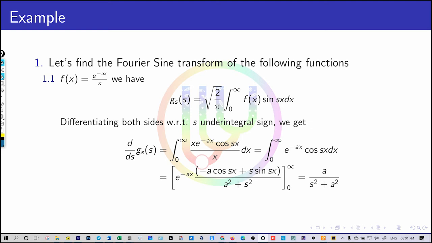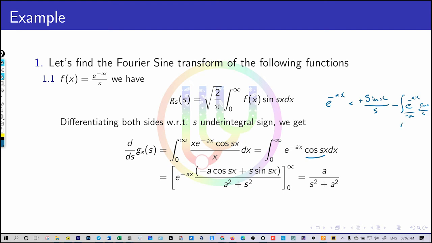Integrating by parts: first function is e raised to minus ax into the integral of the second function, which is cos sx, giving sine sx divided by s, minus the integral of the derivative of the first function, which is e raised to minus ax into minus a, times the integral of the second function, sine sx by s.